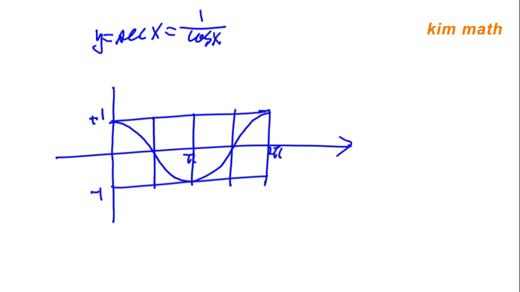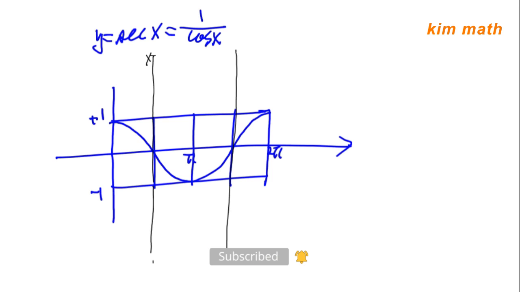And to sketch the secant, please sketch the asymptotes. Asymptotes are made where your function value equals 0, right? So this is the asymptote, and this is the asymptote. Good. And this line is x equals pi over 2.